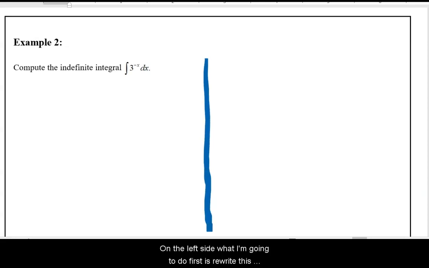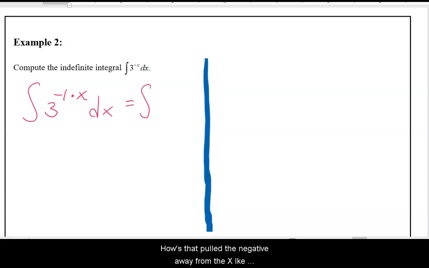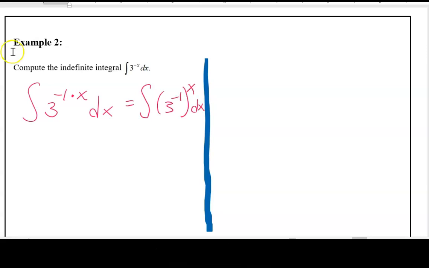On the left side, what I'm going to do first is rewrite this, but without the negative power. I can do that by thinking of negative x instead as 3 to the negative 1 times x power. Because I've pulled the negative away from the x, I can then think of this as 3 to the negative 1 power to the x power dx.